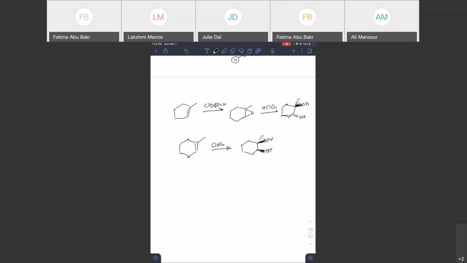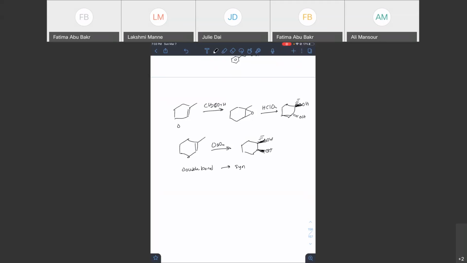To review, if you want to make them anti to each other, you have to do the intermediate step of epoxidation, and then HClO4. If you want them syn, there's no need to do epoxidation. Just go from a double bond to syn, okay? So double bond to syn.